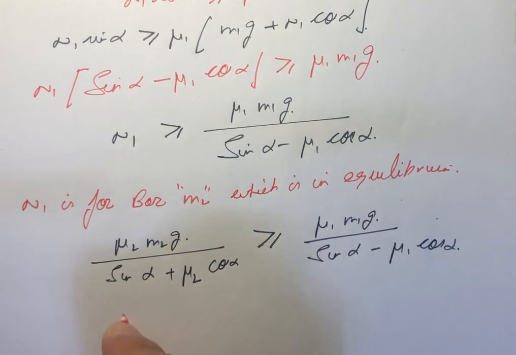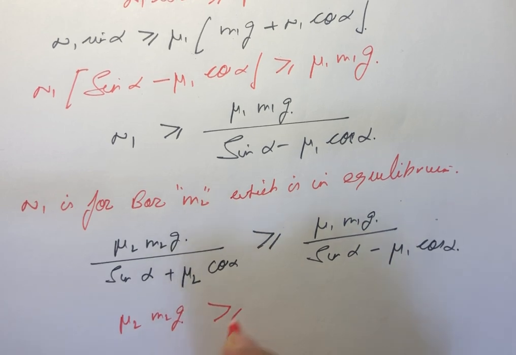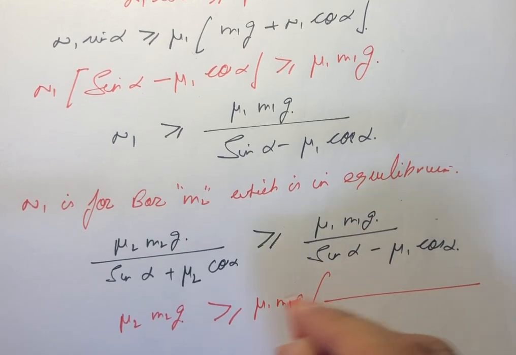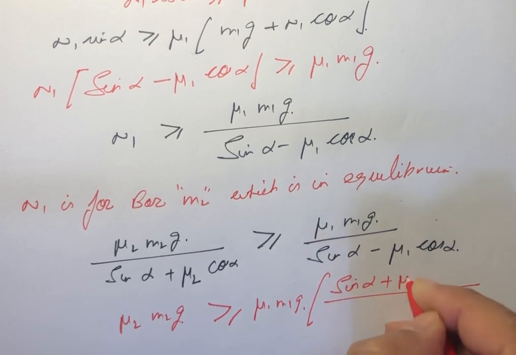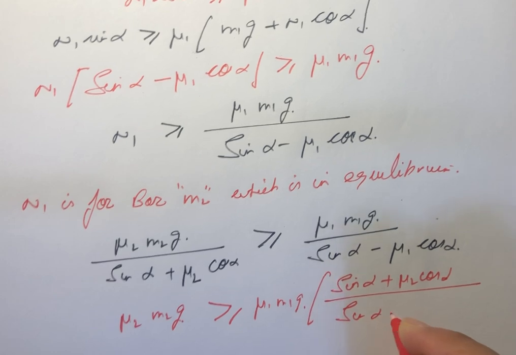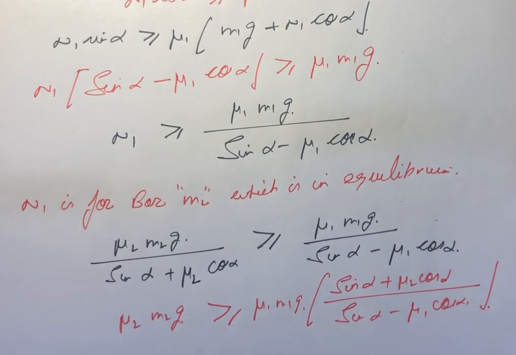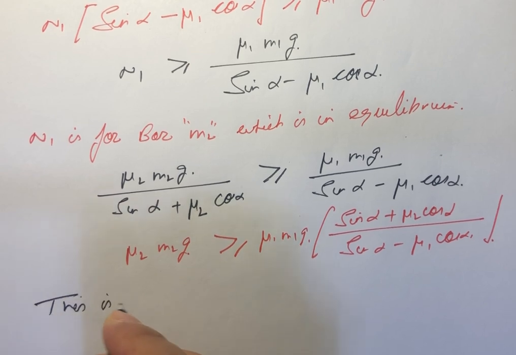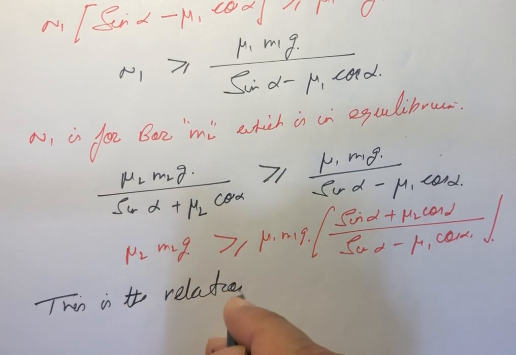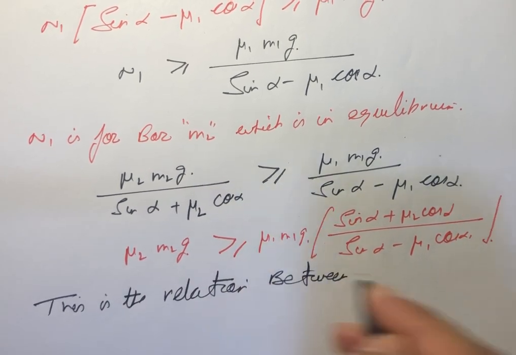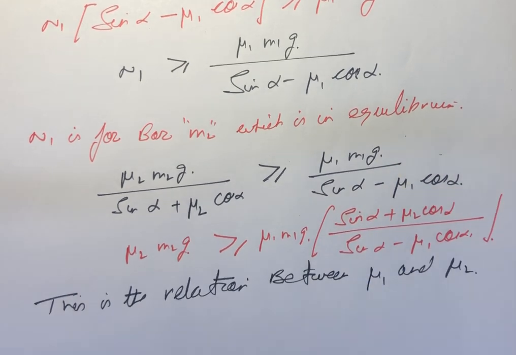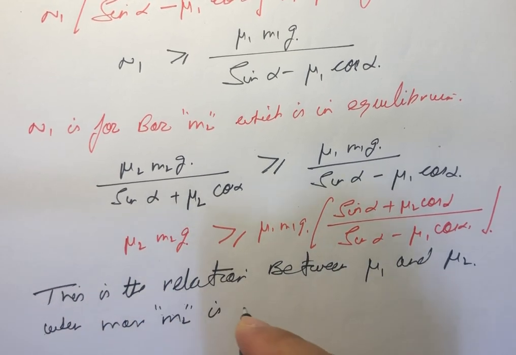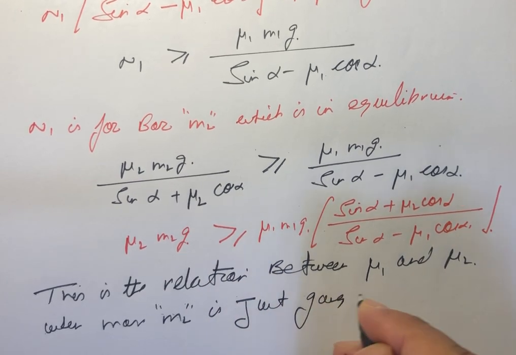So we can write this as mu2 m2 g is greater than or equal to mu1 m1 g times (sin alpha plus mu2 cos alpha) divided by (sin alpha minus mu1 cos alpha), cross multiplying. So this is the relationship between mu1 and mu2 when mass m2 is just going to slide.